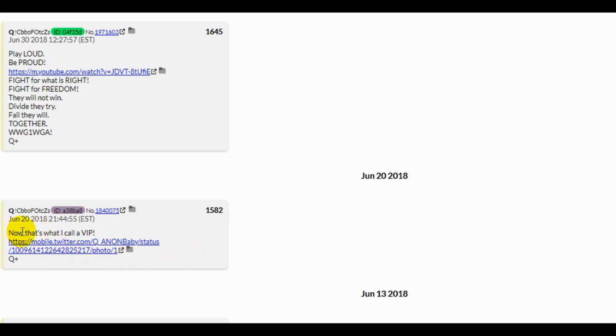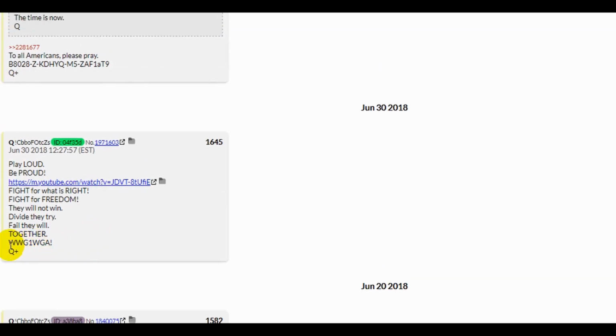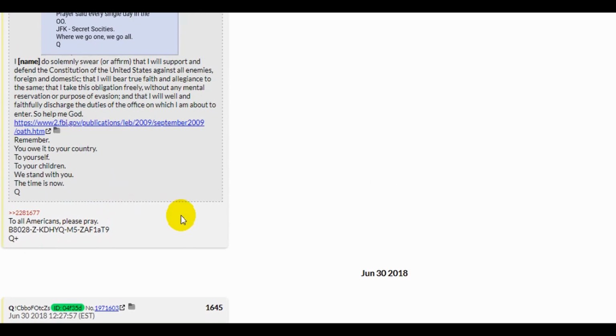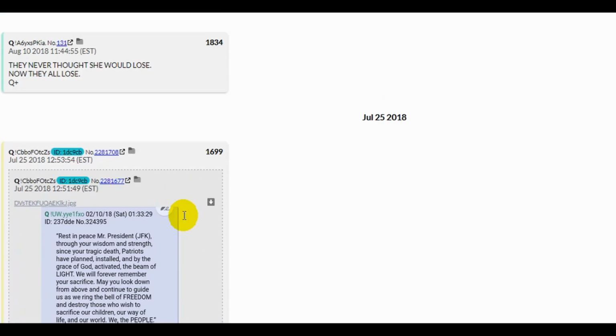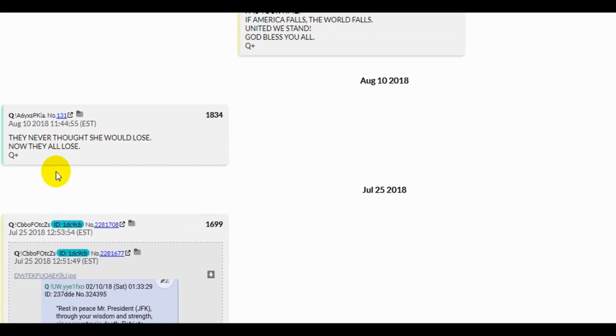So June 20th, now that's what I call a VIP with exclamation mark. Here he has the usual WWG1WGA, but there's exclamation mark here. Another exclamation mark, fight for what is right, fight for freedom, be proud. In all caps, they never thought she would lose. Now they all lose.